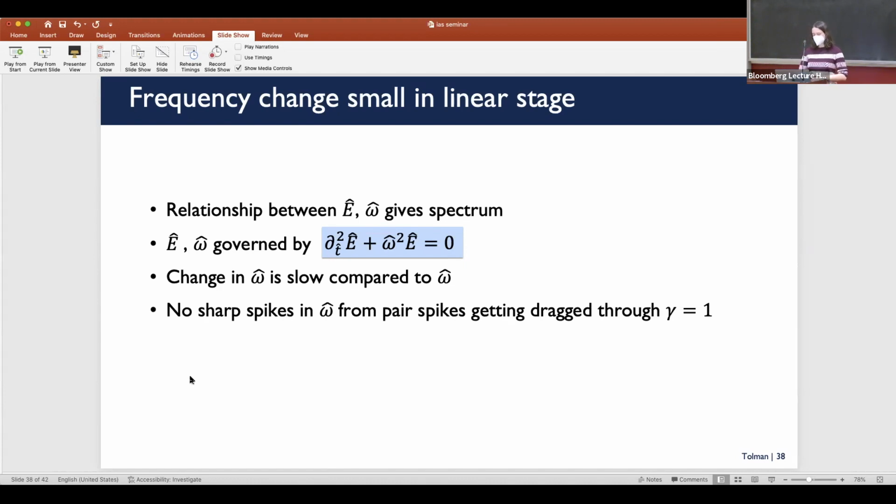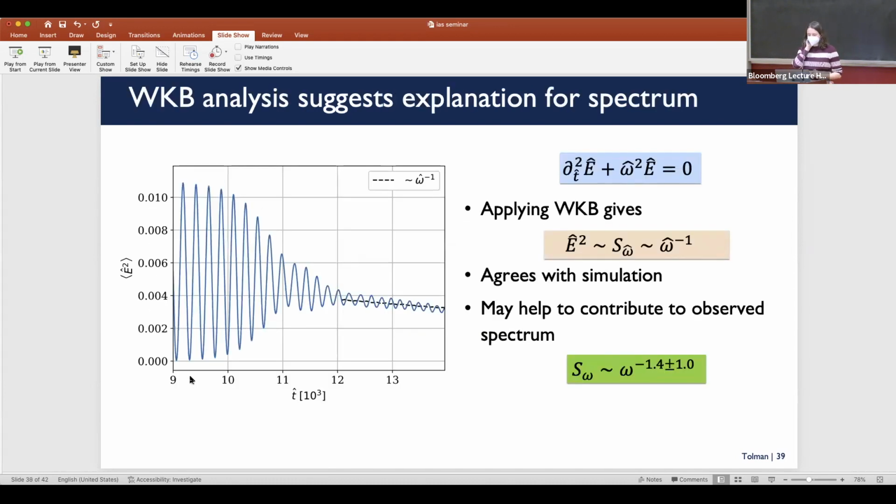Because the frequency is changing slowly, we can analyze this equation using techniques that are used across plasma physics when you have a plasma wave propagating in a slowly changing background.